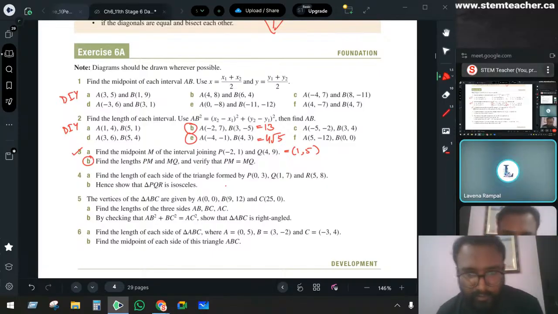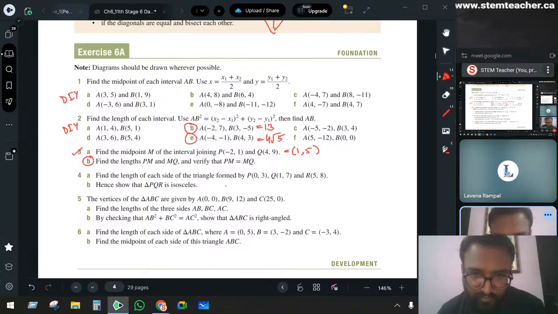It is under root of 9 plus 16. It must be 5.